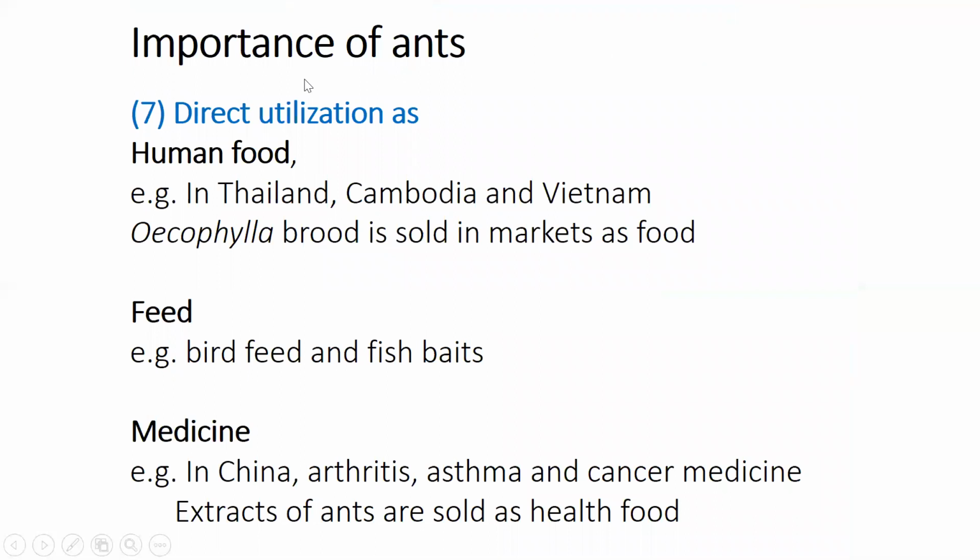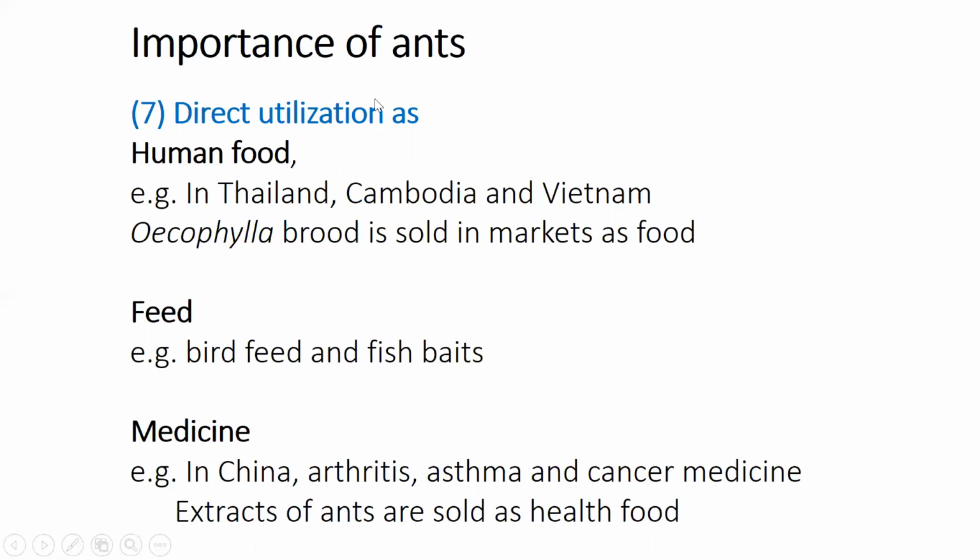Then, as I remember, this is the last importance that I am going to mention: direct utilization as human food, animal feed, that is bird feed, and medicine. I have summarized it under one subtopic, direct utilization.